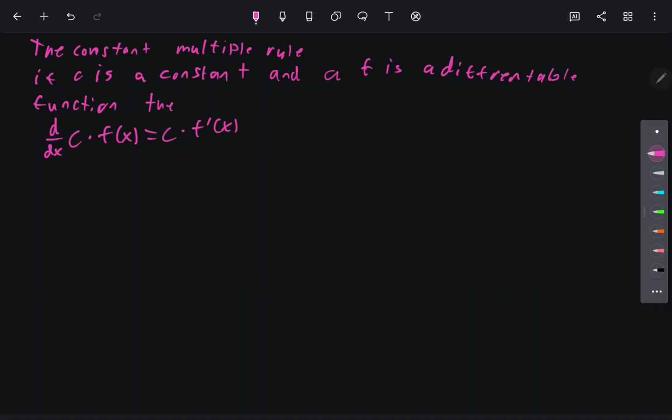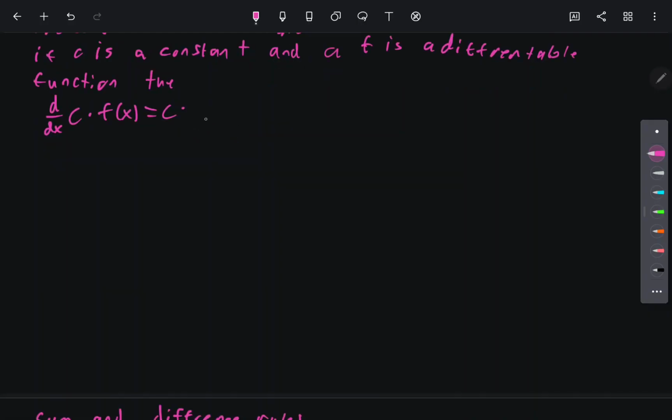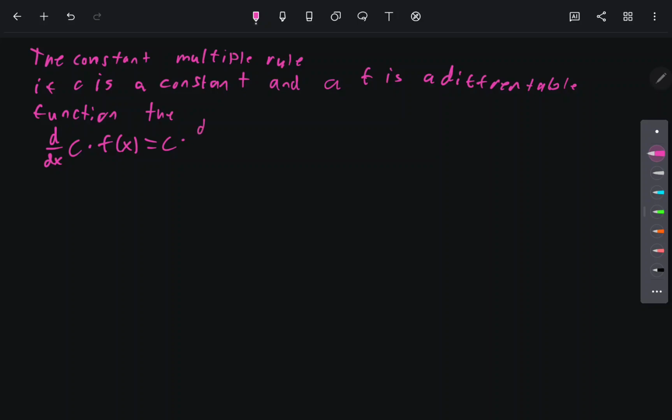Alright. Or in other words, just so I can better express this property, d over dx of f of x.